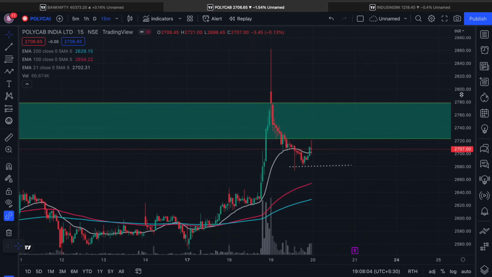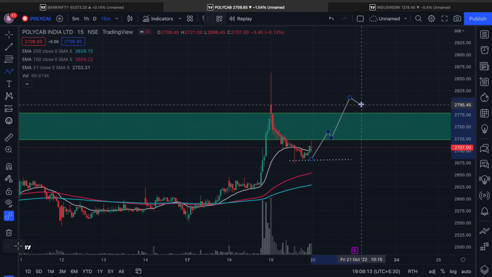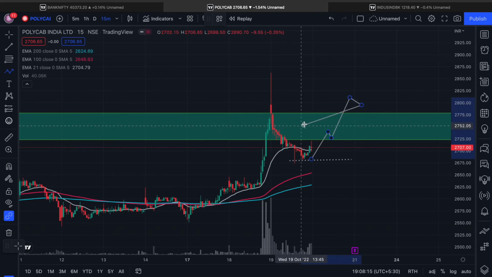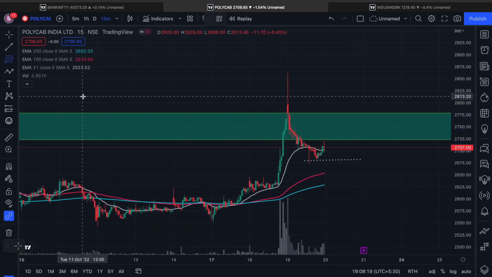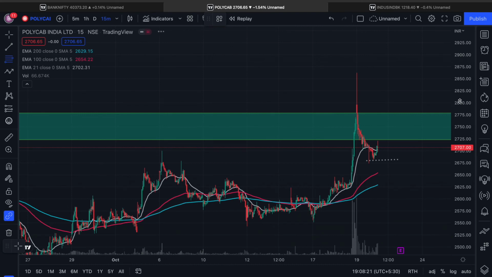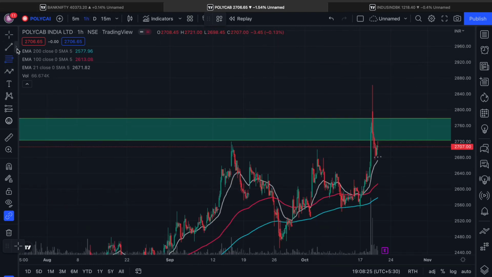We can also plan a trade on the upside, right? So if we see momentum coming back in Polycab and eventually it goes higher, right, especially above this 2750 mark, this is the area I'm talking about, the previous high, right? So let me switch to the hourly time frame. This is the area, right?